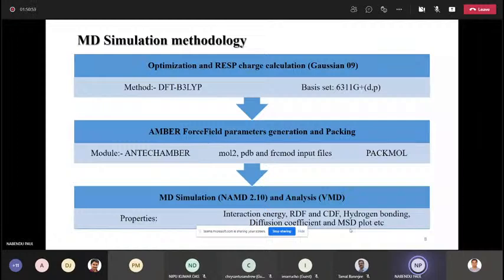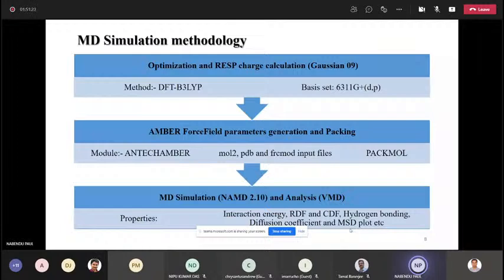After that, we use the antechamber module of AMBER 14 to get the force field parameters, and then all the molecules in our desired composition are packed using PackMol.